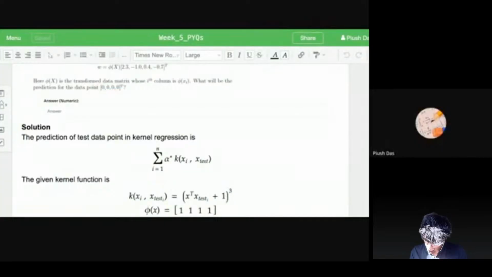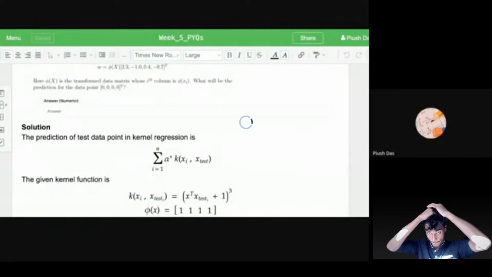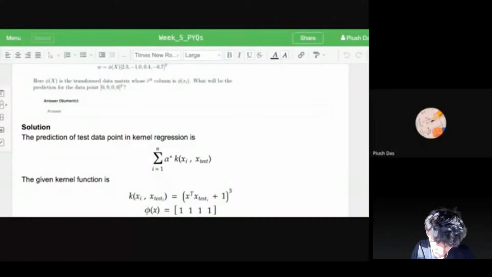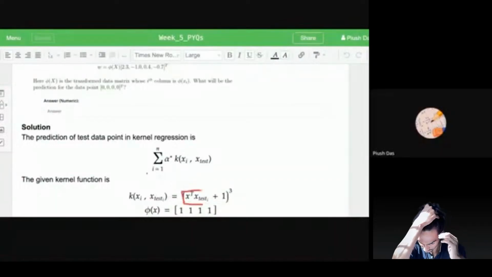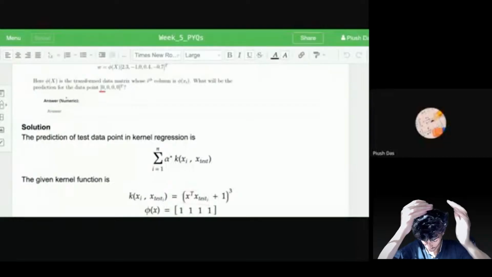Since X has any value, if ultimately we are multiplying that by 0, it comes out to be 0. So we can assume X to be any value, it is not given. Any value of X multiplied with 0 is 0, plus 1 cubed, so it is 1. 1 cubed is 1.